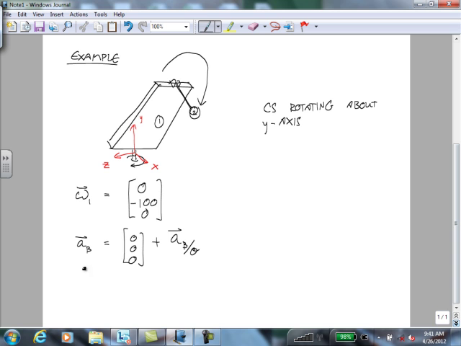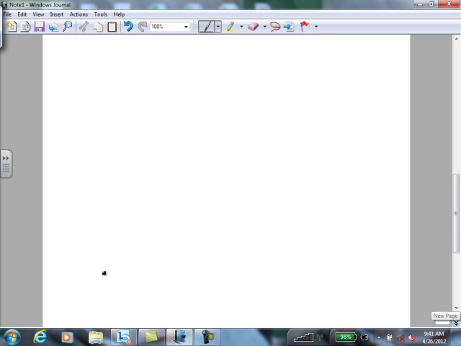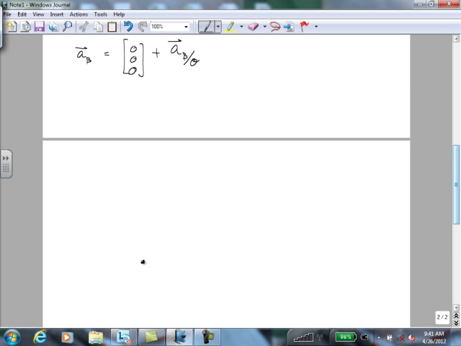And the acceleration of the ball relative to the origin is going to be your components double dot plus big omega dot cross position plus 2 big omega cross your components dot.